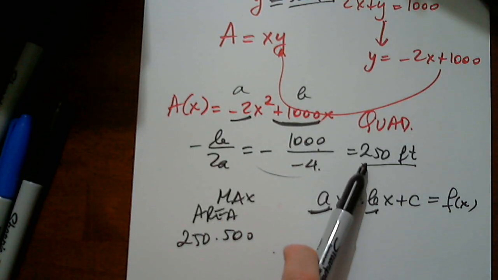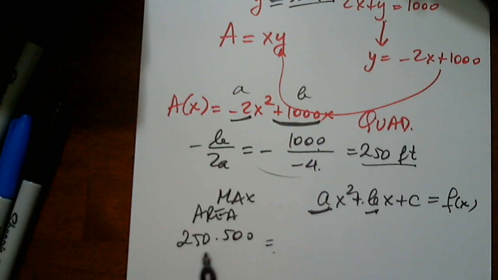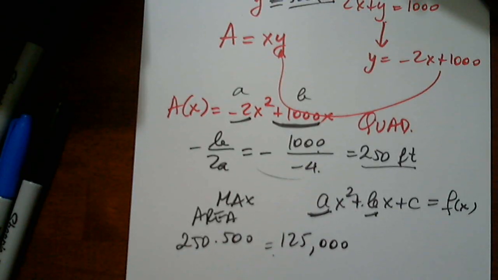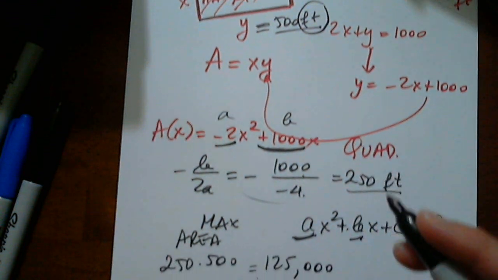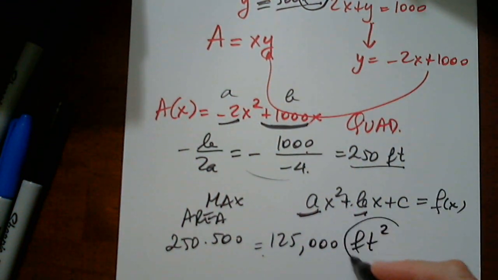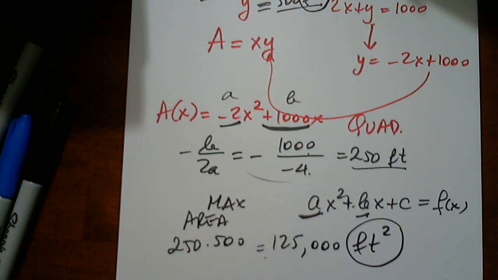You have to get the same answer. So 5 times 125 is 625, and I see 3 zeros. And you have to write feet for this, and you have to write square feet for the area. Please remember the measurement units, always.